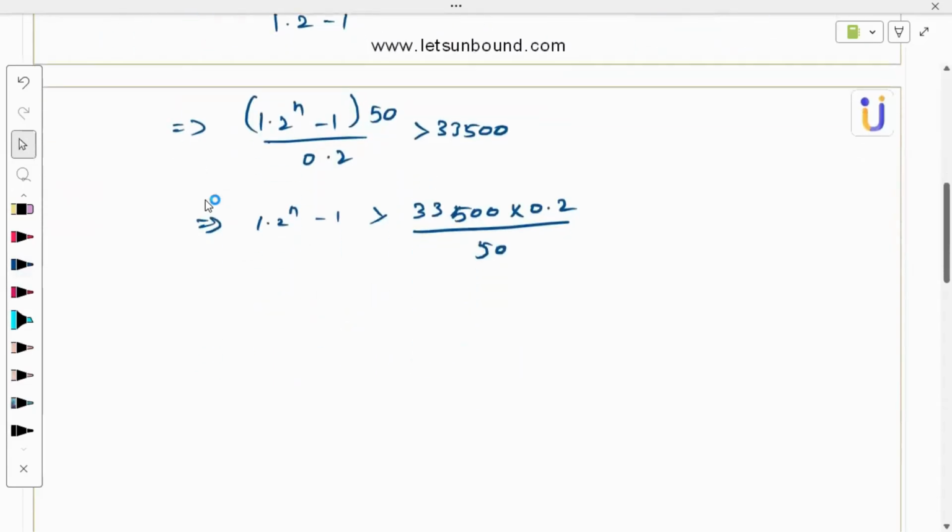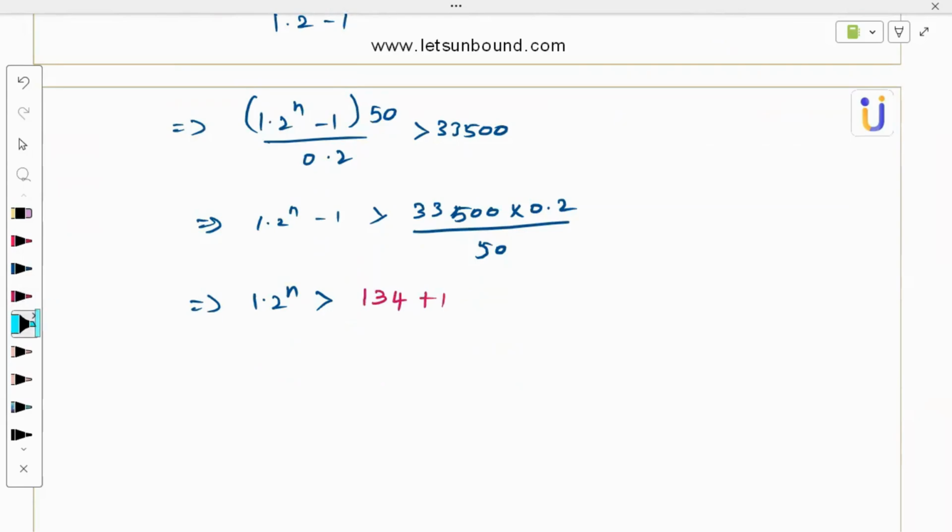Still I can simplify. 1.2 power n is greater than 33,500 times 0.2 divided by 50. If we simplify, it will be better. When you solve all this, you will get 134, and then the minus 1 will shift here, plus 1. After this, you can either apply log or you can go with the GDC. Directly, you will get the n value.